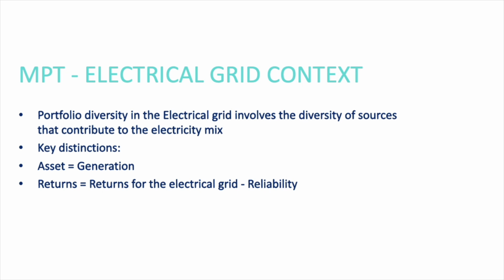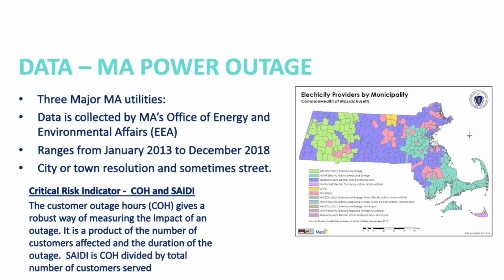And in terms of returns in the financial domain, for the electrical grid we have reliability, because that is what we're trying to optimize. We want a more reliable grid. That's the comparison of the context.